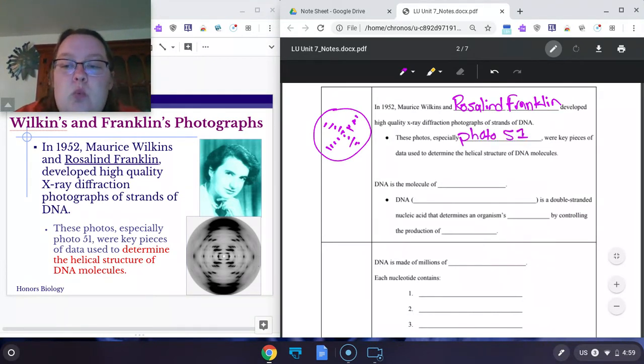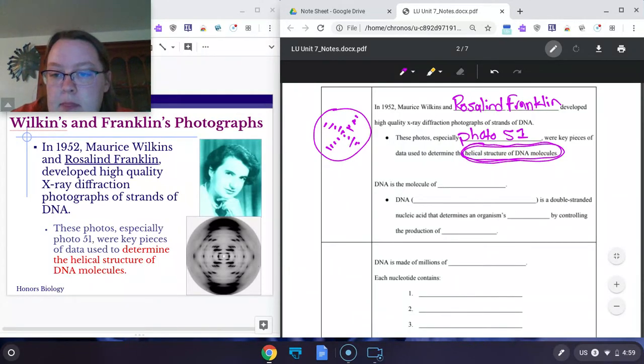They looked at it, they worked backwards, and they were able to figure out that DNA is a helix. The key memory for these scientists: Franklin took X-rays of DNA, and that allowed them to figure out DNA as a helix.